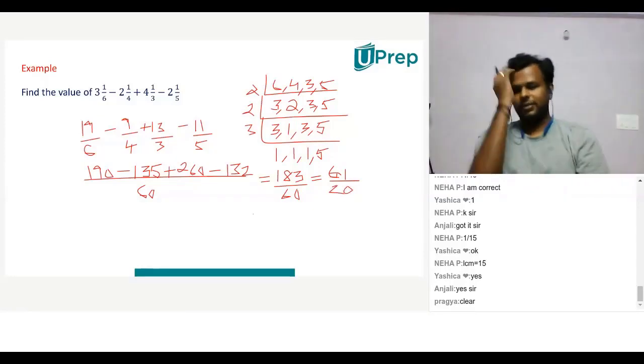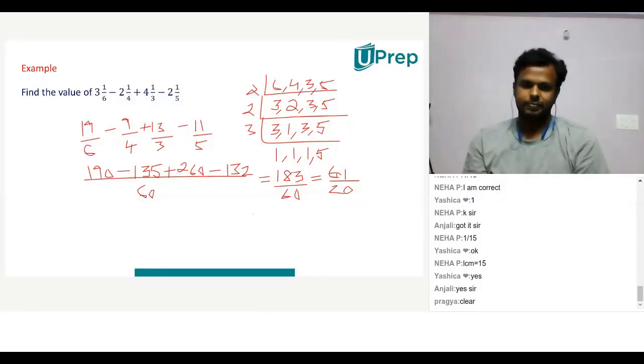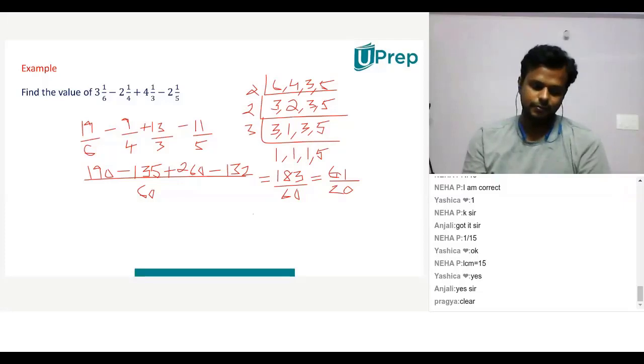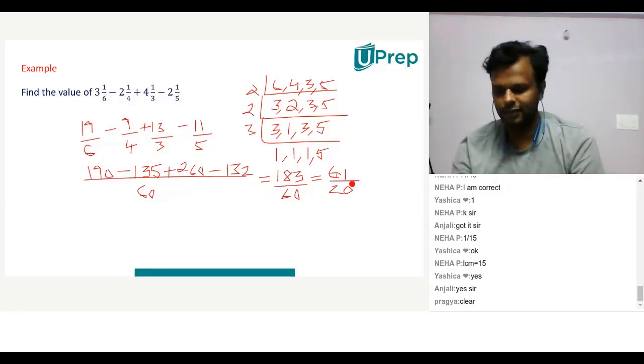It is 61 by 20, children. The final answer is 61 by 20. Okay, sir, but wouldn't we convert that 183 upon 60 into a whole number and a fraction first? No, that's what we have done here. 183 by 60 is simplified to 61 by 20.